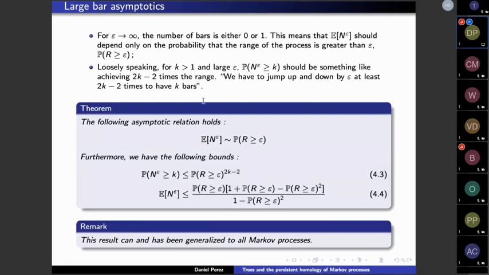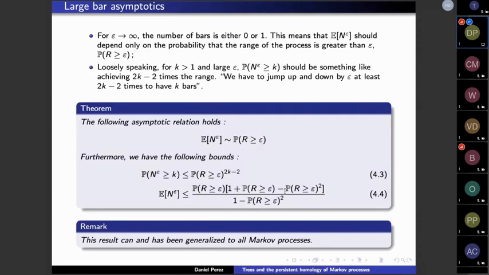And in fact, it turns out that this intuition is correct, and you can prove it. And so in particular, we have a theorem that says that indeed the expected value of n epsilon is asymptotic to the probability that the range is greater than or equal to epsilon as epsilon tends to infinity.